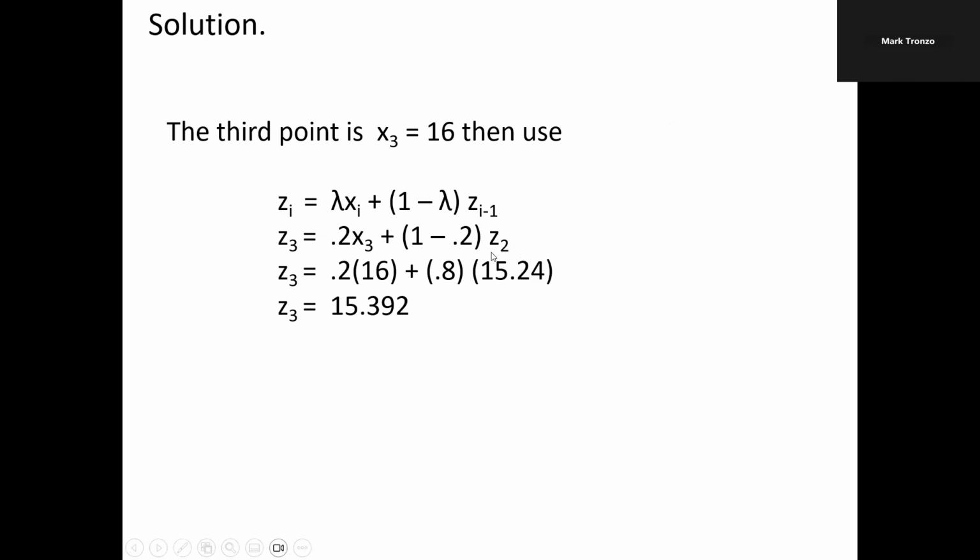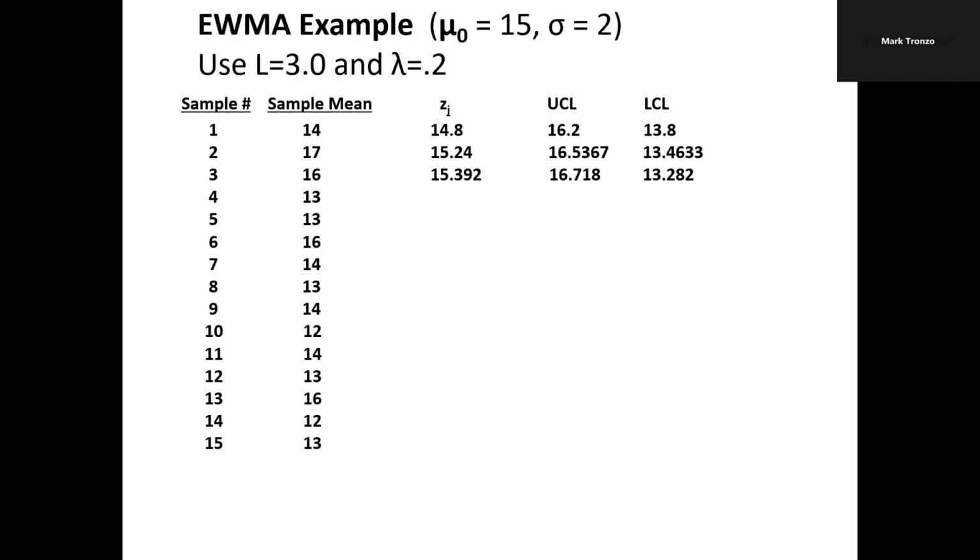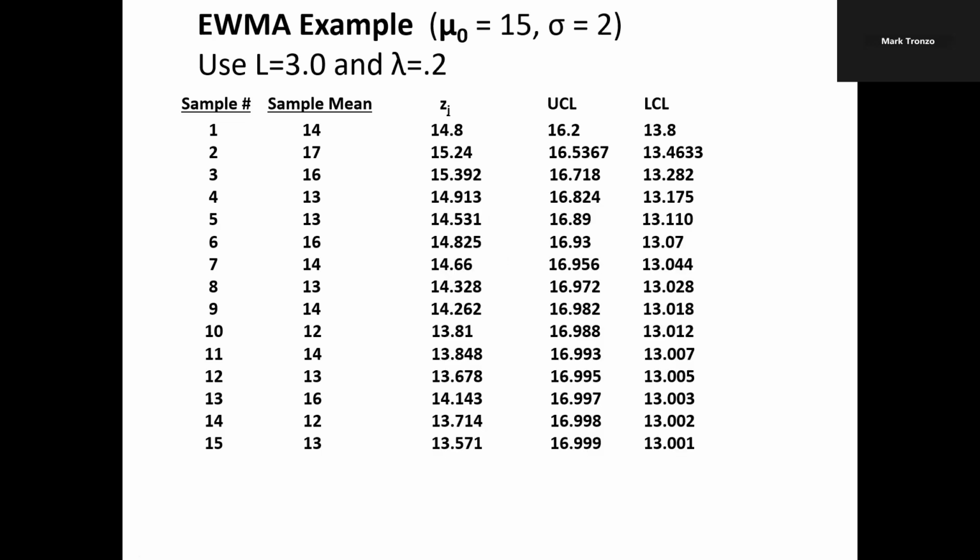And then we get our z2 value that we calculated on the last step and use the 16 from our data. We get 15.392, like this. And then just continue on. You can go ahead and do the rest of the chart, do all the values, and plot them, and we get something like this.